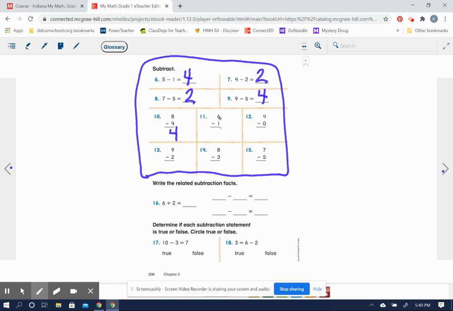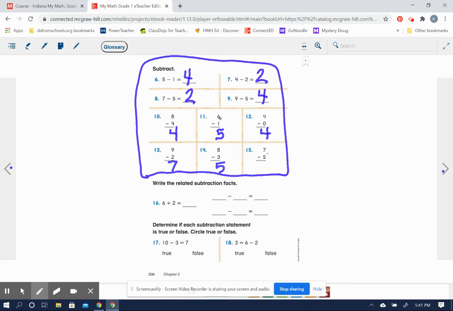6 minus 1 equals 5. 4 minus 0 equals 4. 9 minus 2 equals 7. 8 minus 3 equals 5.